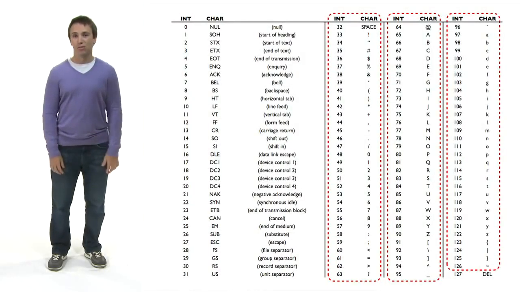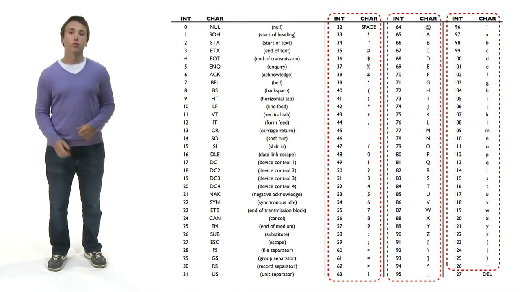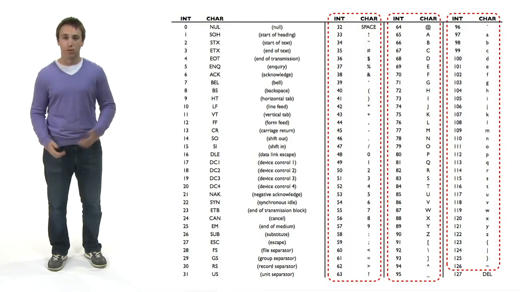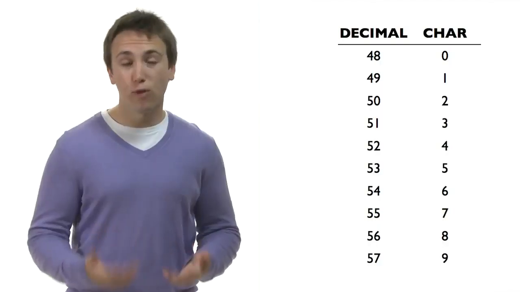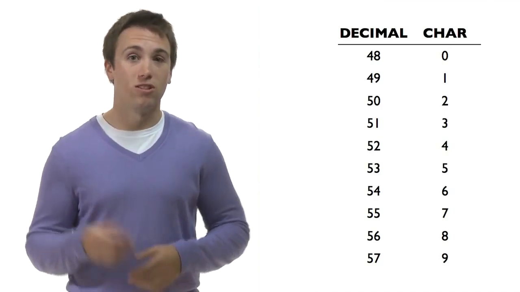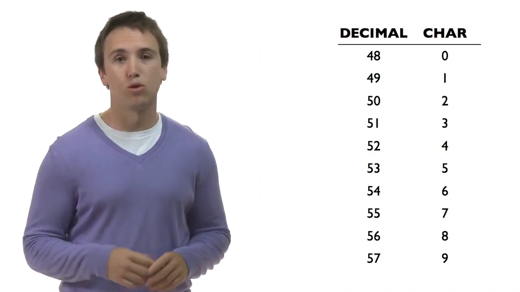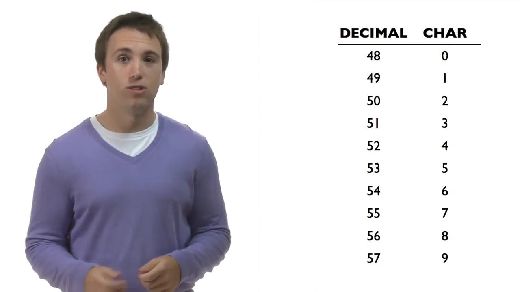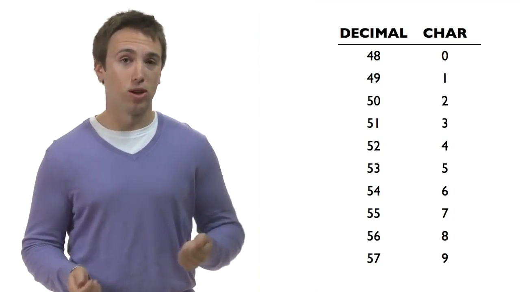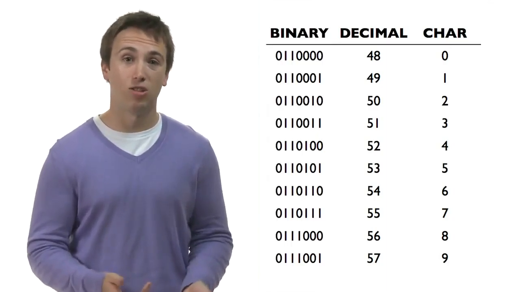So back to our ASCII table. After the first 32 control characters come the 95 printable characters. There are a couple cool design decisions worth talking about here. First, the decimal digit characters, 0 through 9, correspond to the numbers 48 through 57, which seems unremarkable until we look at the numbers 48 through 57 written in binary notation.